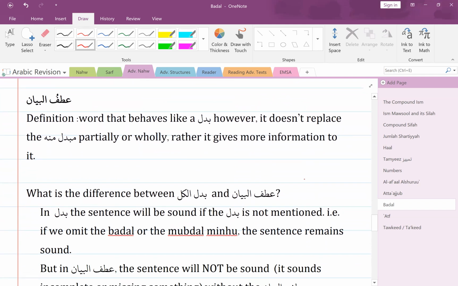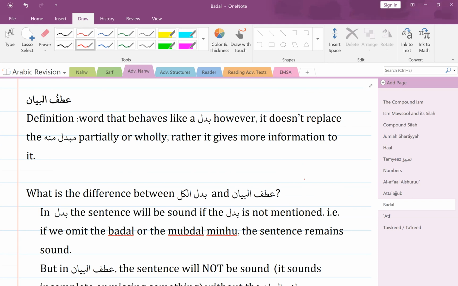Then we move on to an interesting bit about badal. So you can call this like a subtopic of badal. And this is called atful bayan or atf bayan. Now, what is atful bayan? Atful bayan is basically a word or a phrase or a fragment that behaves like a badal. It behaves very similar to a badal. In fact, it can be confused with a badal, and we're going to see how.